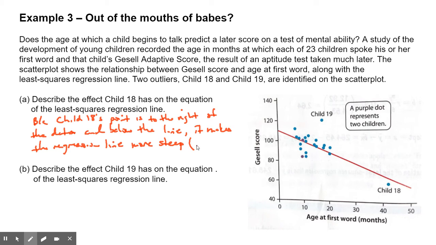So in that case, it'd be more negatively sloped. Here, what I put in your notes is, slope is more negative.